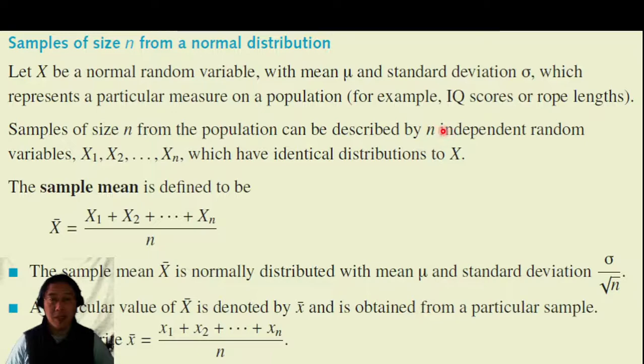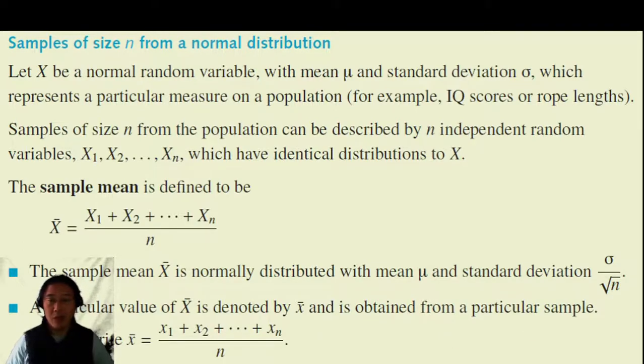What it means is those n random variables will be independent, but they also will have the same distribution as the original normal random variable. The sample mean is defined as below, which will have the same mean, but now the standard deviation will be sigma over root n.